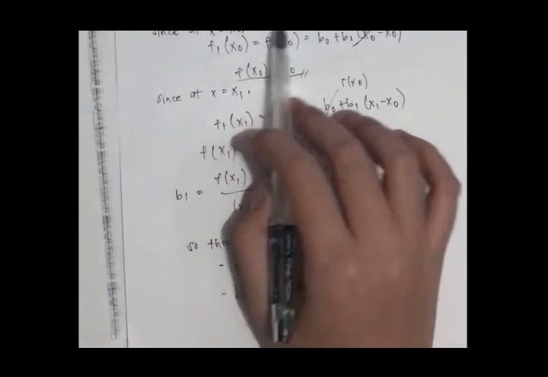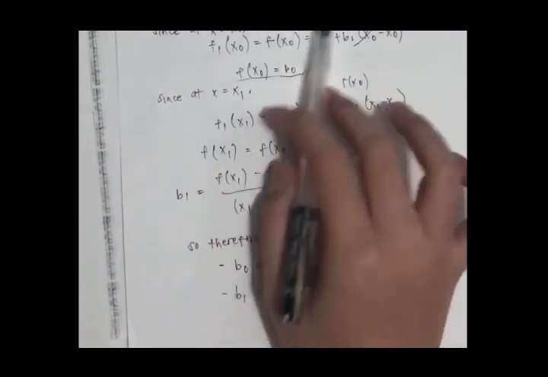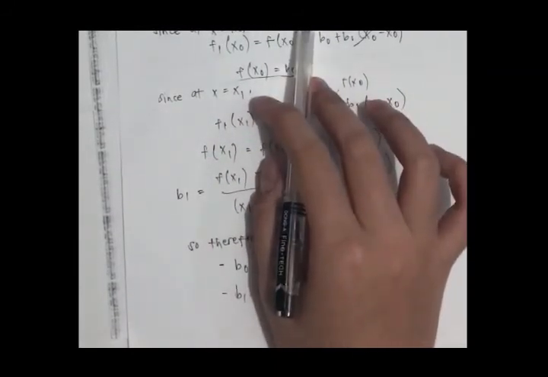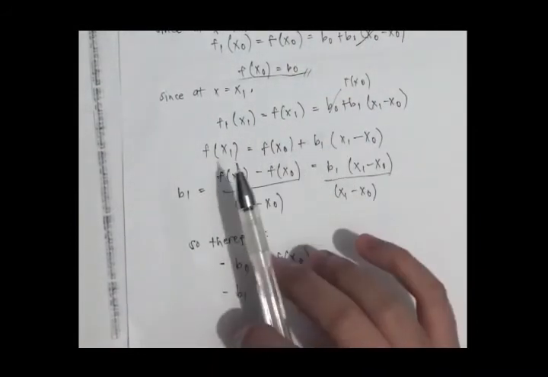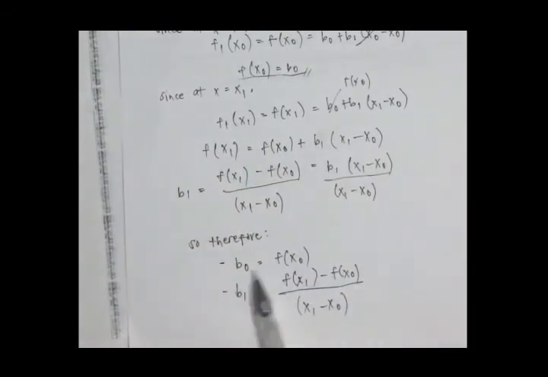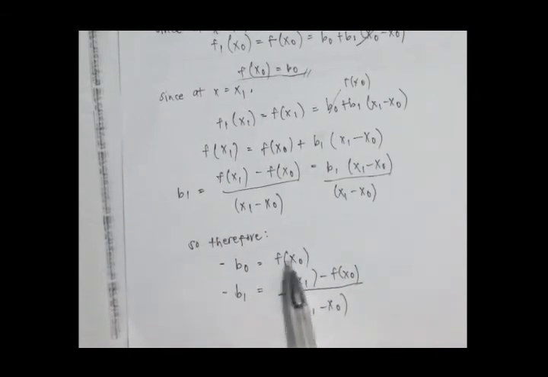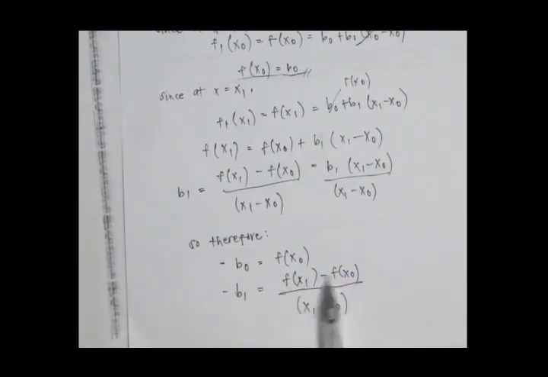The first order polynomial which we have used earlier to approximate our function from x sub 0 to x sub 1 is given by this, where b sub 0 is the value of the function at x sub 0 and b sub 1 is the slope between x sub 1 and x sub 0, a straight line slope between 2 points, and is given by this.